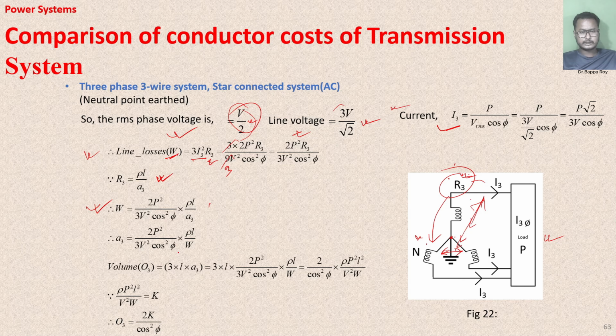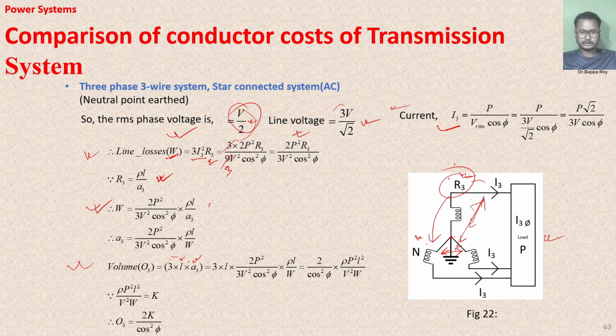And the volume we have to calculate: the total length into the cross sectional area. Total length is the number of conductors times the length. So 3 into L into A3, it will come.